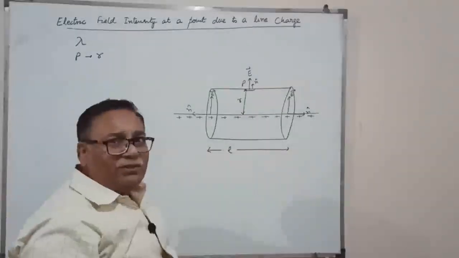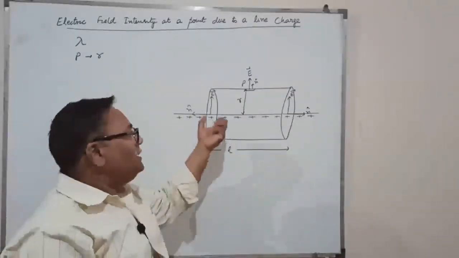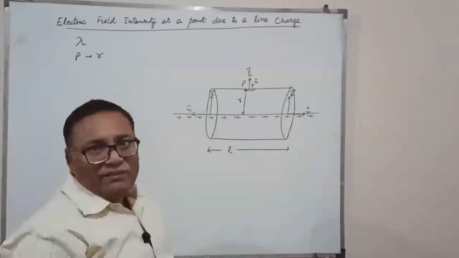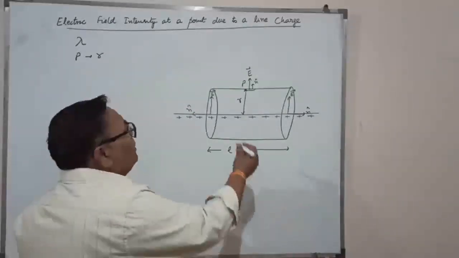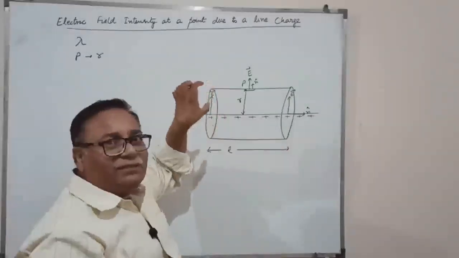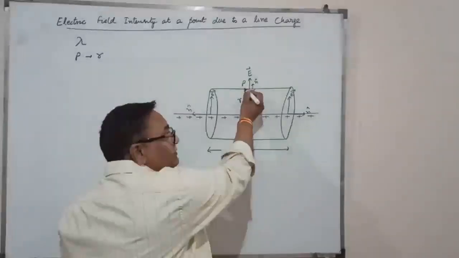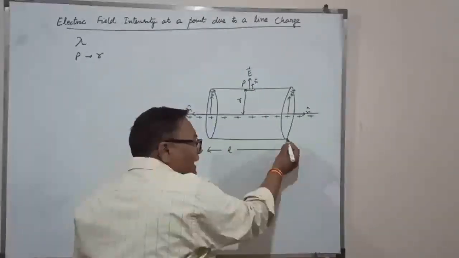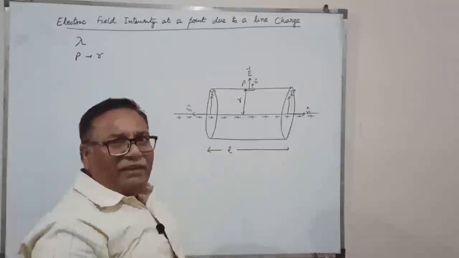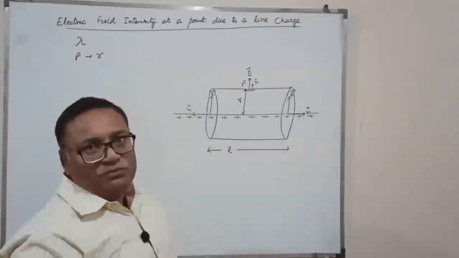We have to apply Gauss theorem, and for Gauss theorem, the surface must be closed and the charge must be enclosed in the surface. Therefore, we consider a cylindrical Gaussian surface of radius r and length L in such a way that the line lies at its axis.